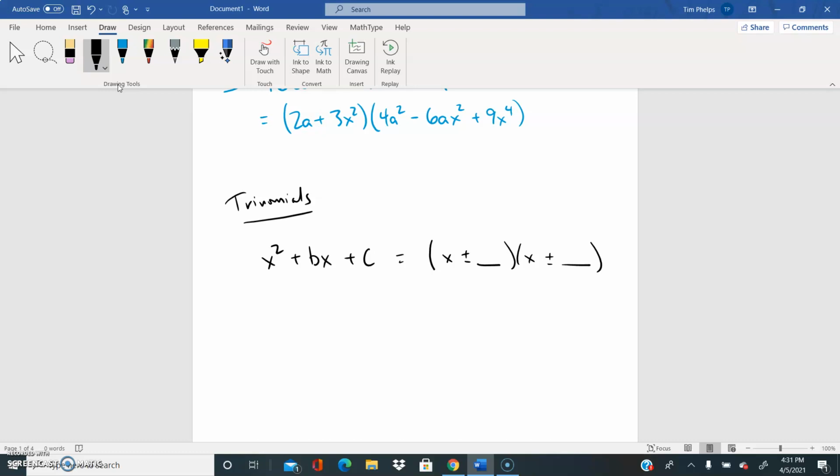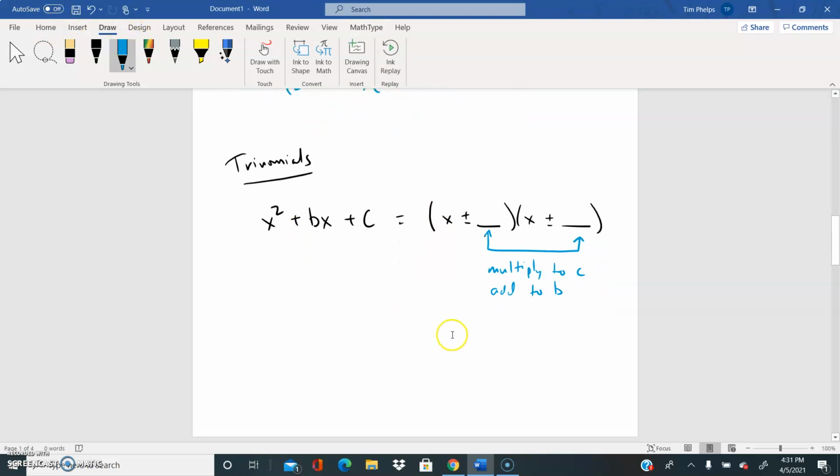The numbers in the blanks have to multiply to c, and they have to add to be b. So that's sort of the little shell game to play here. They have to multiply to be c, but they have to add to b.